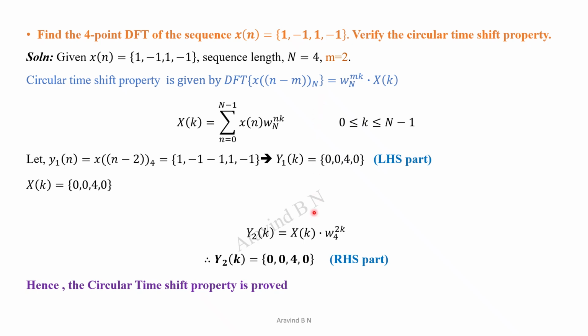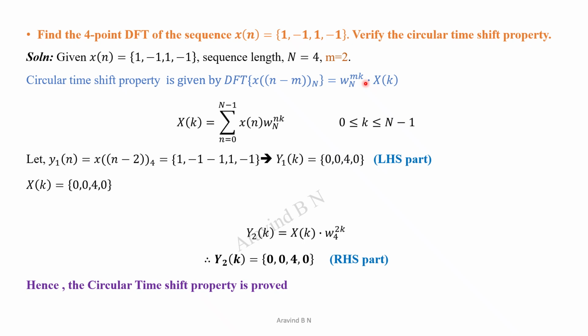In order to calculate the RHS part, we need the DFT of x(n). The DFT of x(n) is X(k), and for that we get 0, 0, 4, 0. Further, the RHS part of the property is X(k), which has to be multiplied with the twiddle factor omega_N^(mk). Here N is 4, m is 2, and k is 0 to N minus 1.